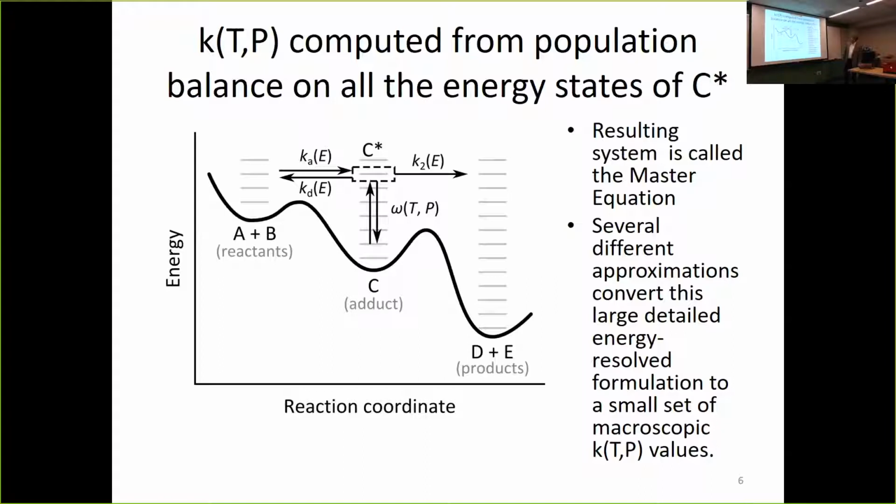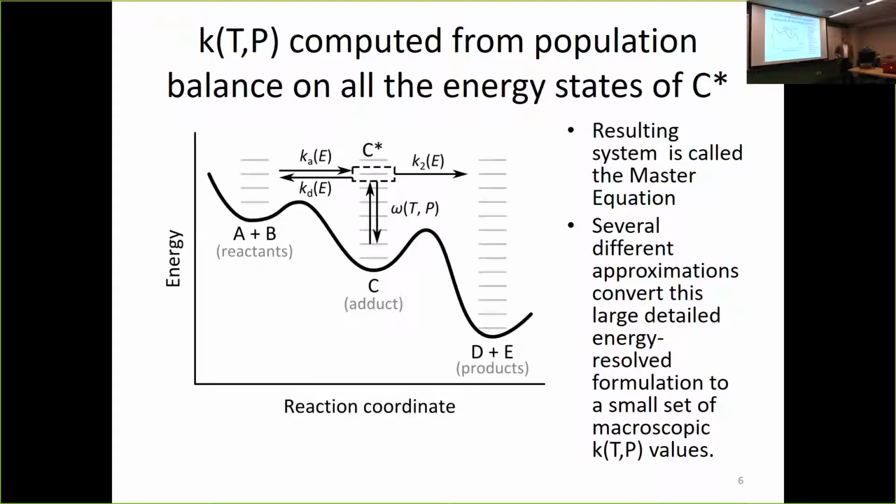All right. Now, you can make this mathematical by drawing little control volumes around every different energy state of C, and you can calculate a rate forming C, a rate of stabilization of C, a rate C reacts this way, a rate C reacts back, and you can write down all the things that can happen to C, and you can say, I need to have a population balance.